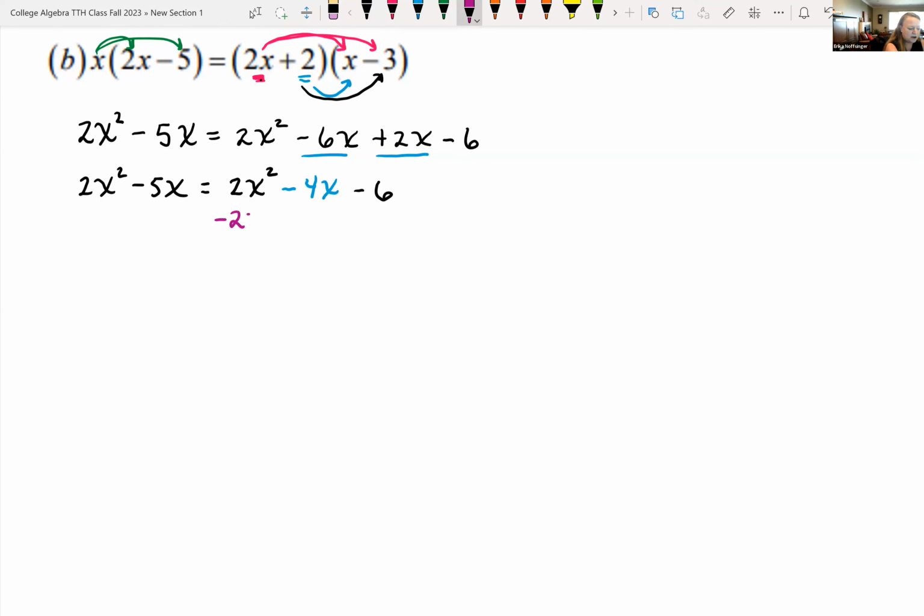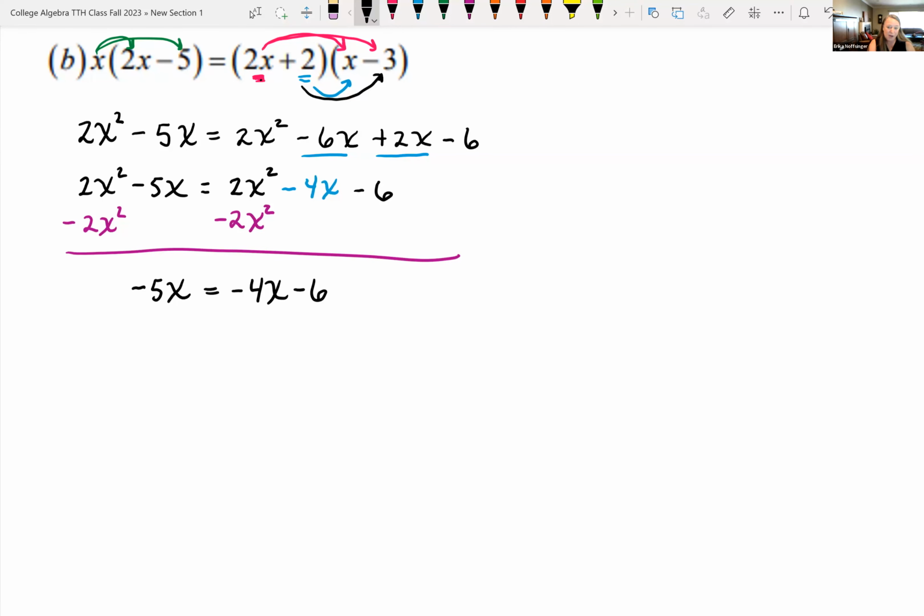I noticed though right away, if I subtract 2x squared on both sides, this is no longer a quadratic equation because those terms with the x squared cancel out. 2x squared minus 2x squared cancels. I'm left with negative 5x on the left-hand side is equal to minus 4x minus 6.